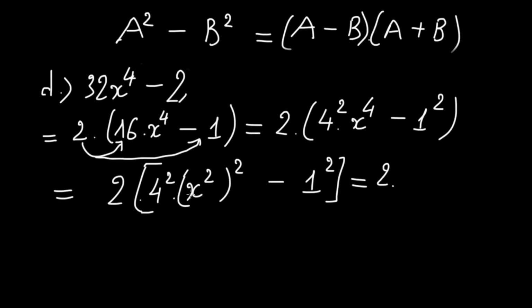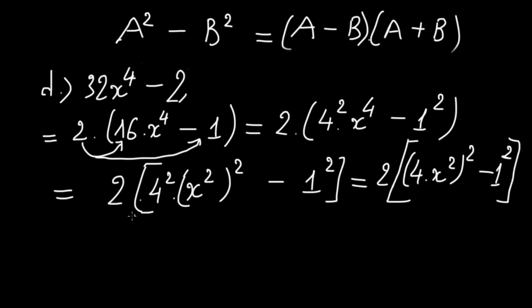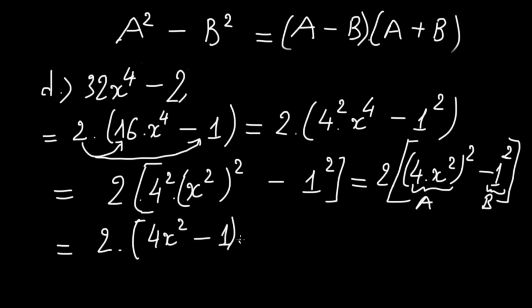You can see that we can put 4 times x squared together, all of it squared, minus 1 squared. And it equals, put 2 outside. The whole thing is a, right? 4x squared is a, and 1 is b. So we just rewrite as a minus b times a plus b, and it equals 4x squared is a, minus b is 1, and a plus b, right?